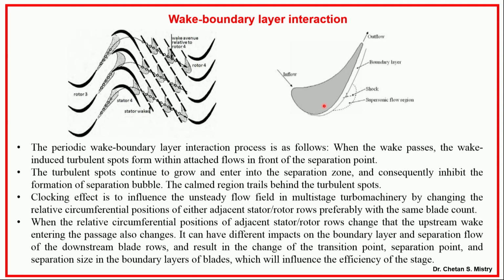This shock will generate my boundary layer, because I will have a pressure gradient, a differential pressure. That boundary layer moves in the downward direction. Somewhere here I will have transition occurring. That transition will change the size of my stator wake.